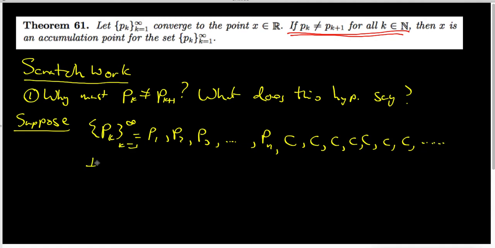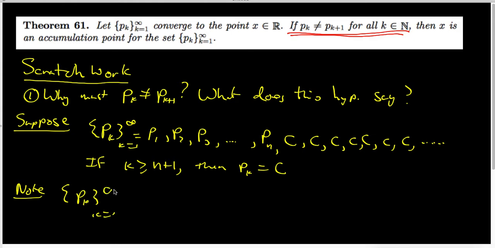In other words, if k is bigger than or equal to n plus 1, then p_k is equal to that constant. Now, what I want to note about this particular sequence is the following. Clearly, this sequence is going to converge to the constant that is the constant tail.